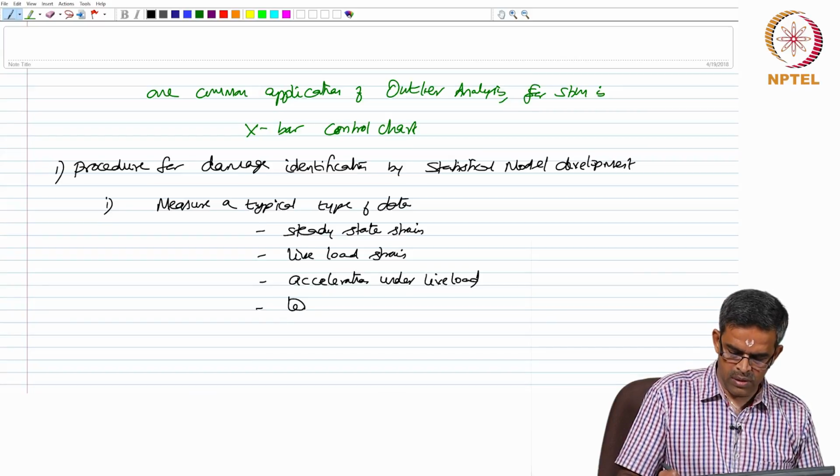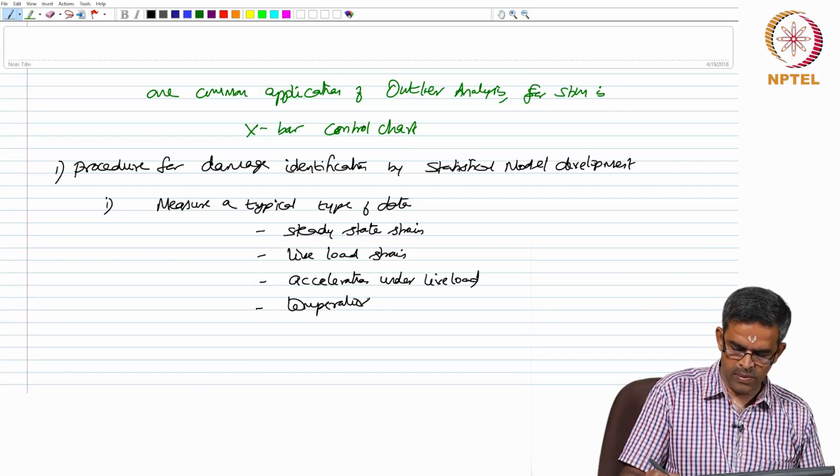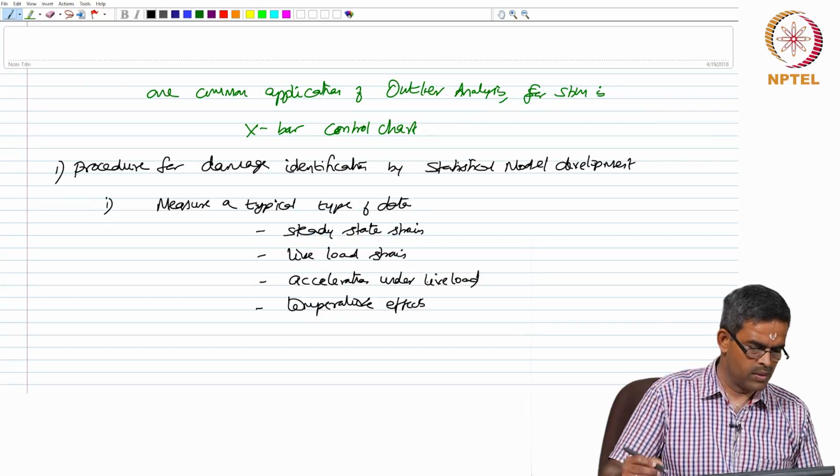One can also measure temperature effects on strain.